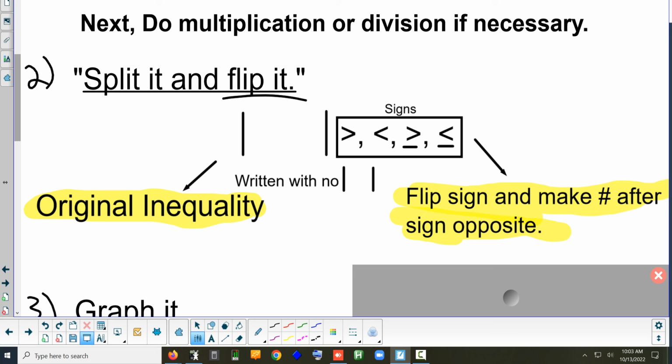So for the second one, you still make the number after the sign the opposite, just like you guys did before. Make it the opposite. If it's a positive, make it a negative. If it's a negative, make it a positive. But the extra step is the flip. You have to flip the sign to make the second one.